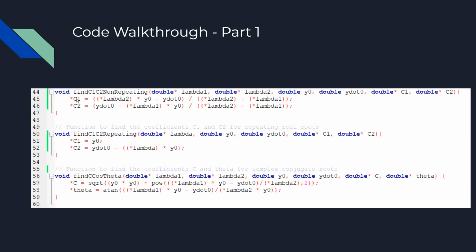At the end of the code, here I have what each user-defined function would do. So for the non-repeating case, it defines C1 and C2 in terms of lambda and y0 and y dash 0. Similarly for the repeating and the complex conjugate, whereby theta here is defined in terms of arctangent and other variables.